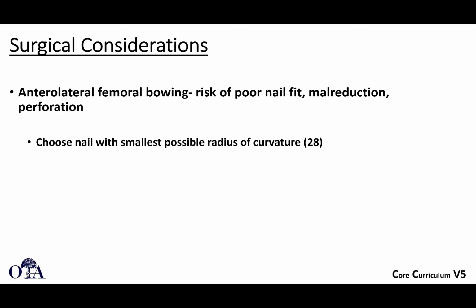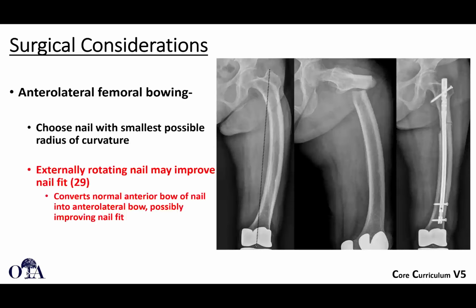Because of the bowing, make sure you have a nail with the smallest possible radius of curvature that can accommodate that. You may also find that you need to use the radius of curvature of your rod to your advantage, to accommodate the anatomy.